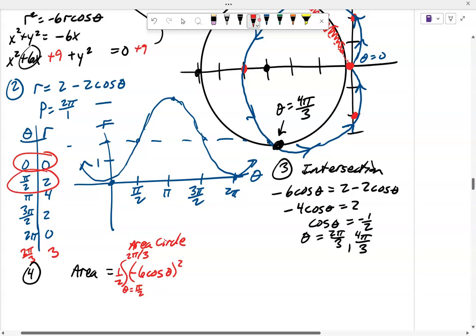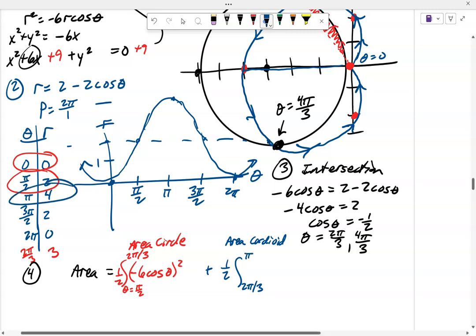And then I'm going to add in the area on this cardioid between 2 pi thirds and right here. If I rotate just pi amount, I'm out 4, right?